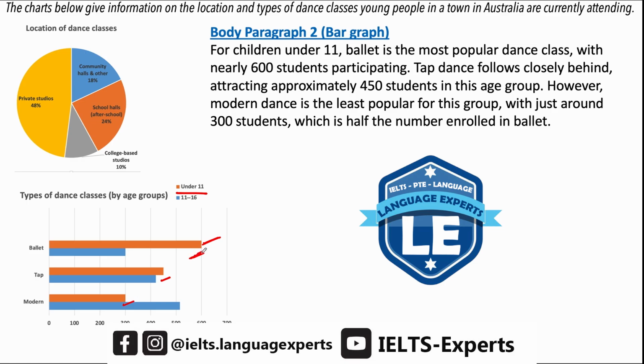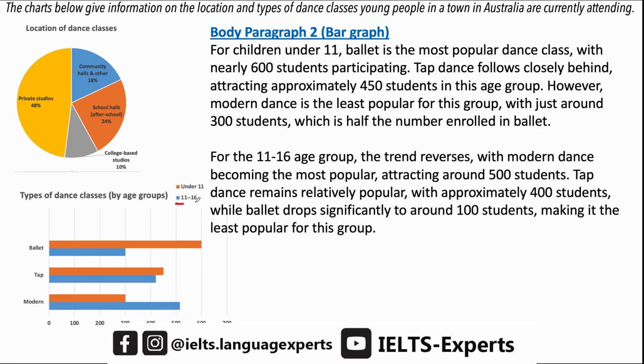enrolled in ballet. For the 11 to 16 age group, the trend reverses, with modern dance becoming the most popular, attracting around 500 students. Tap dance remains relatively popular with approximately 400 students, while ballet drops significantly to around 100 students, making it the least popular for this group.